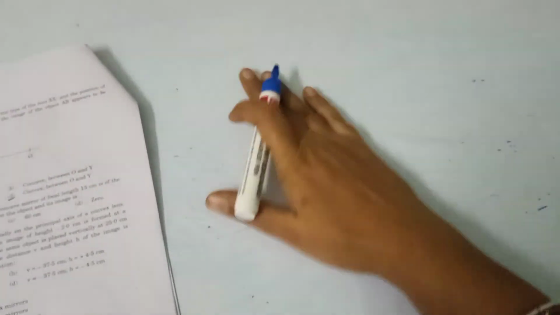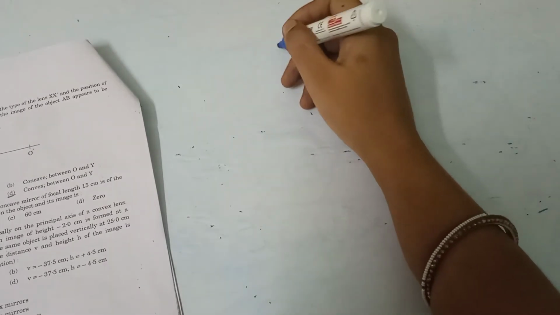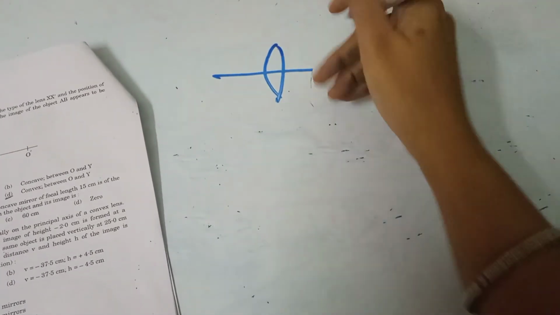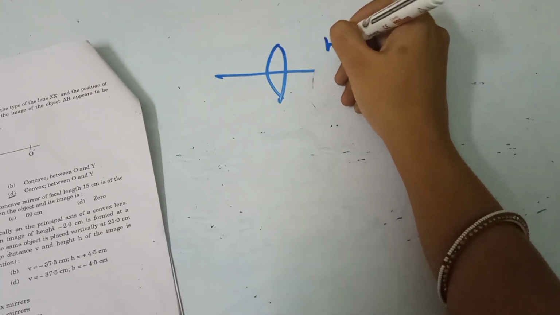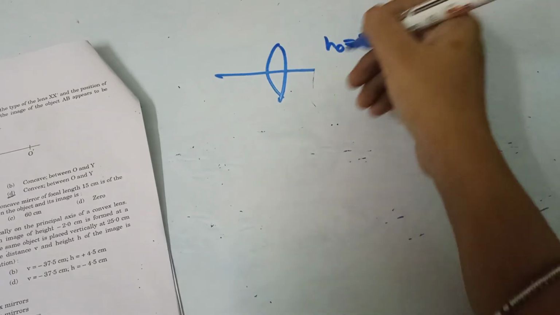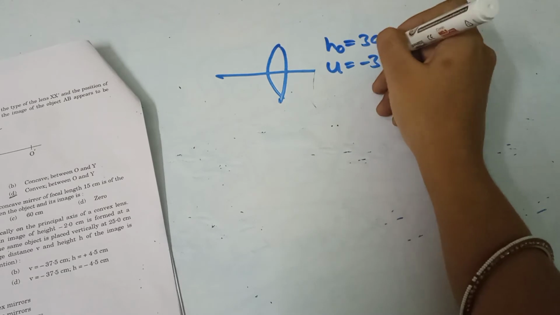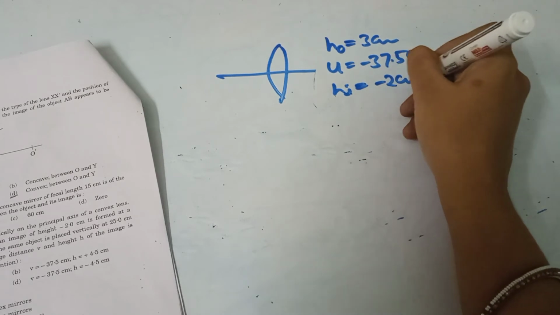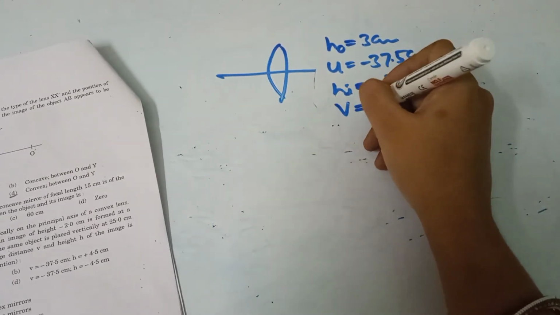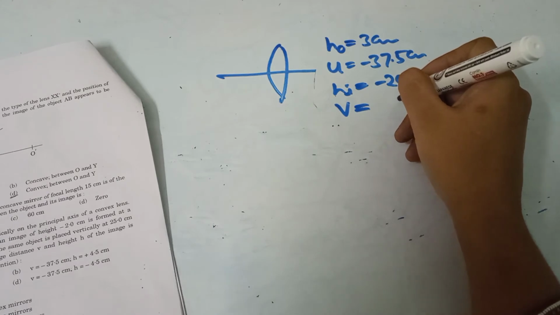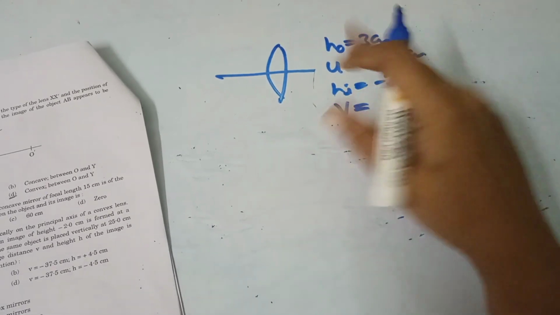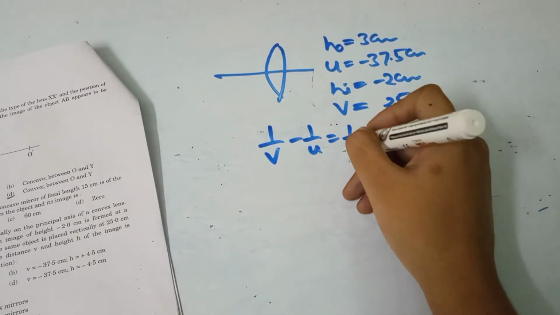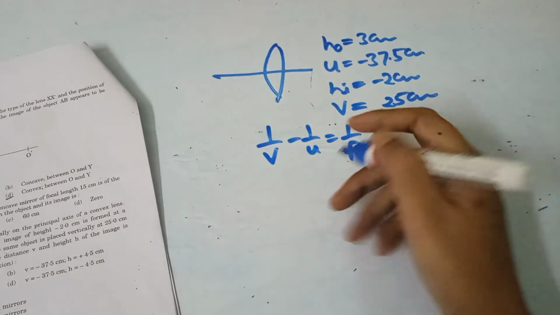So they are giving two situations. In the first situation, this is the convex lens. They gave the height of the object as 3 centimeter, u is minus 37.5 centimeter, h of image is minus 2 centimeter, and v is equal to 25 centimeter. We can use the formula 1/v minus 1/u is equal to 1/f, so we can find the focal length of this lens.